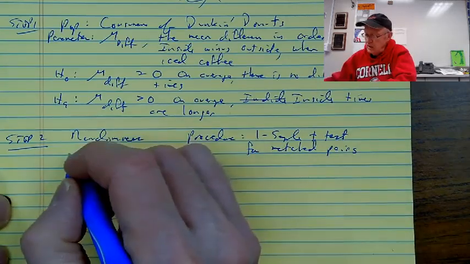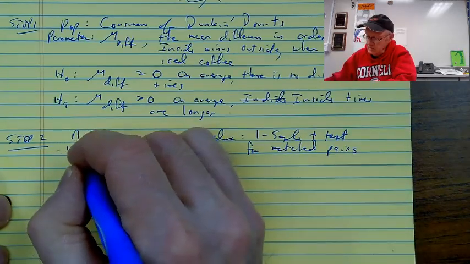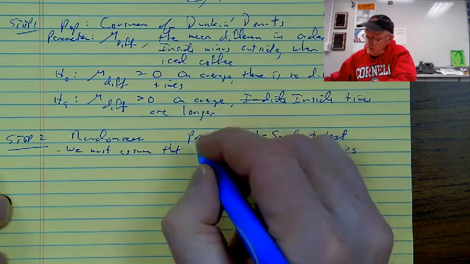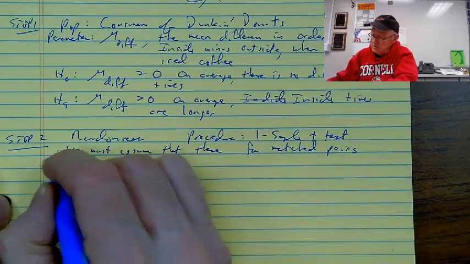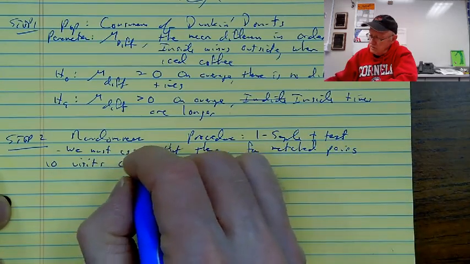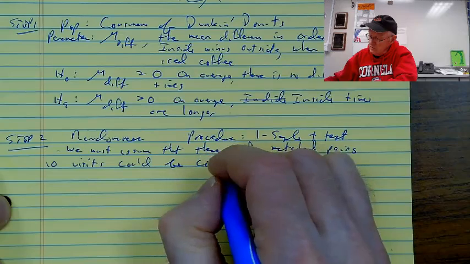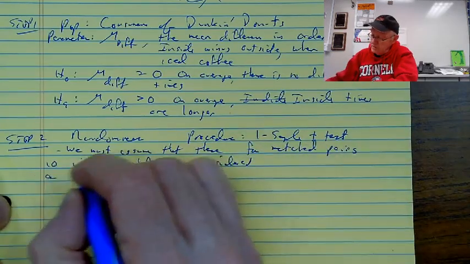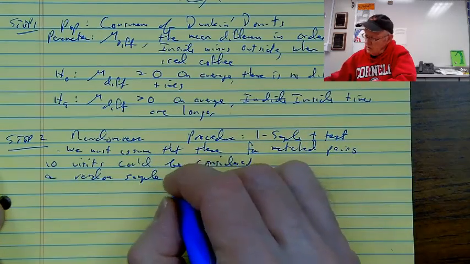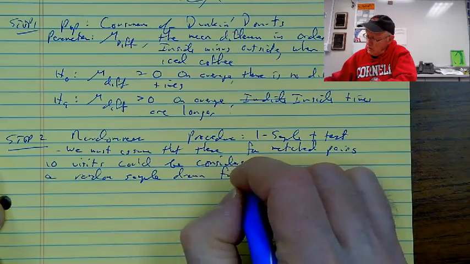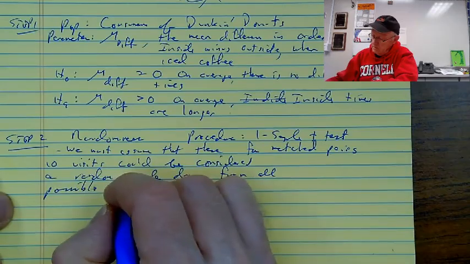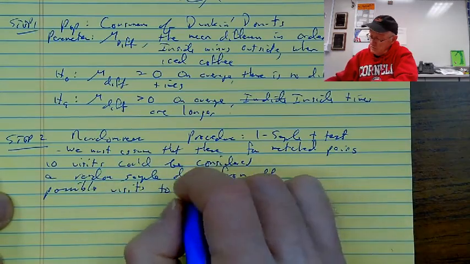We must assume that these 10 visits could be considered a random sample drawn from all possible visits to Dunkin' Donuts, to DD.